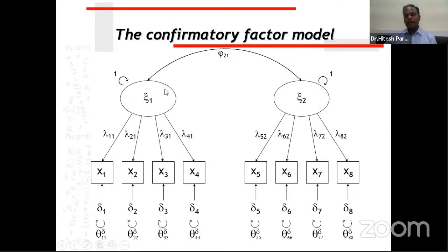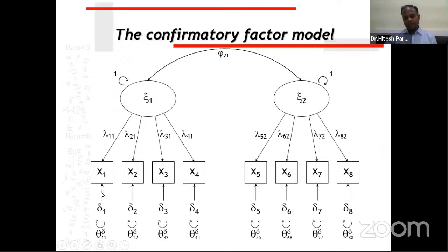How well are we measuring store image and how well are we measuring satisfaction? Through x1 to x4 we are measuring store image, but how well? That answer will be given by factor loadings. So the software will give us the factor loading of each variable.